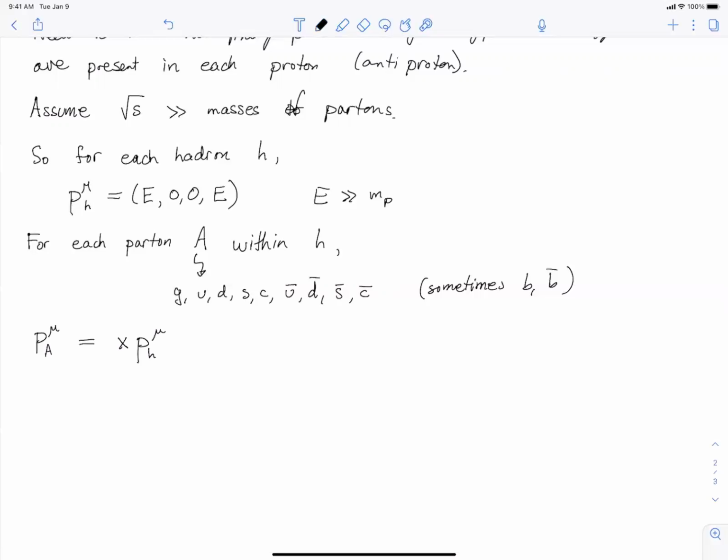We're just saying the parton momentum is proportional to the hadron momentum that it's part of. And x is sometimes called Feynman's x, or sometimes the momentum fraction of the parton.